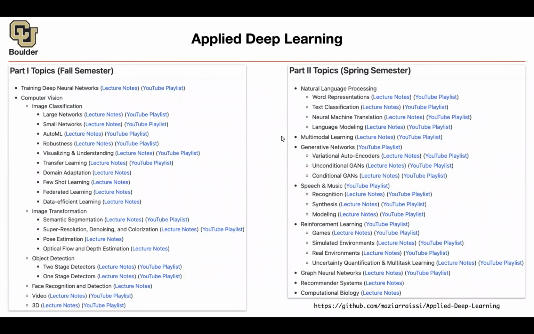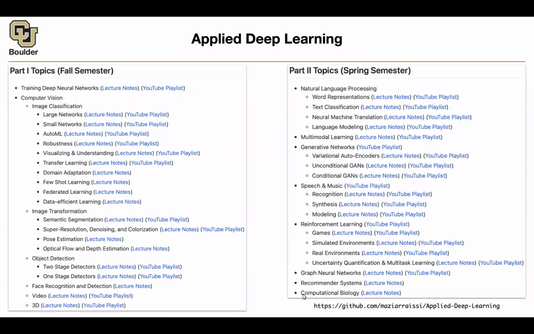I have this course. It's Applied Deep Learning. It's a 2-semester long course on all of these topics, the ones that are relevant, that have an impact. Let it be in computer vision, natural language processing, multimodal learning, when you combine images and text, generative adversarial neural networks, variational autoencoders, speech, reinforcement learning, graphs, recommender systems, and computational biology, or AI for science.